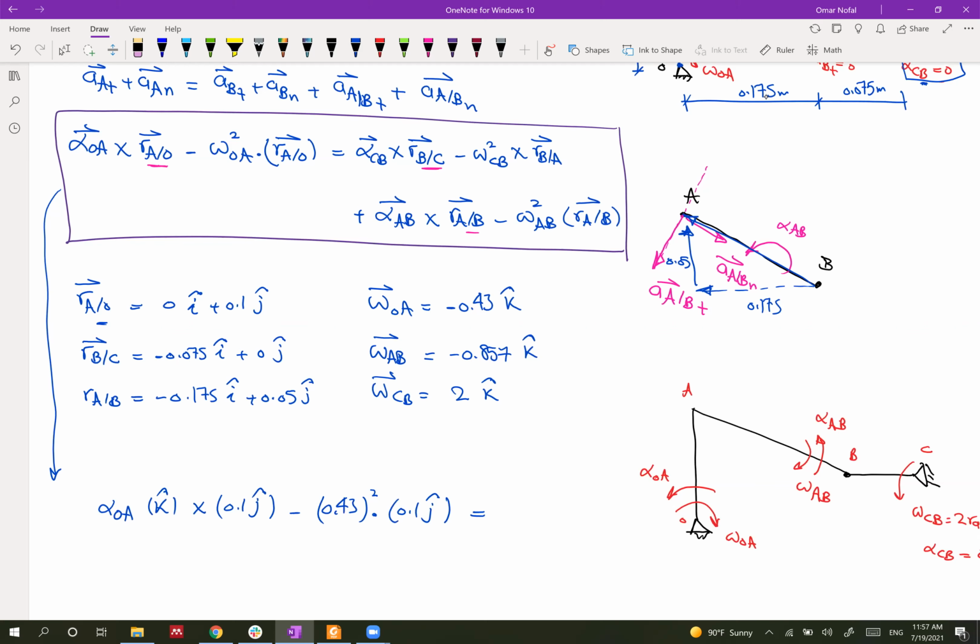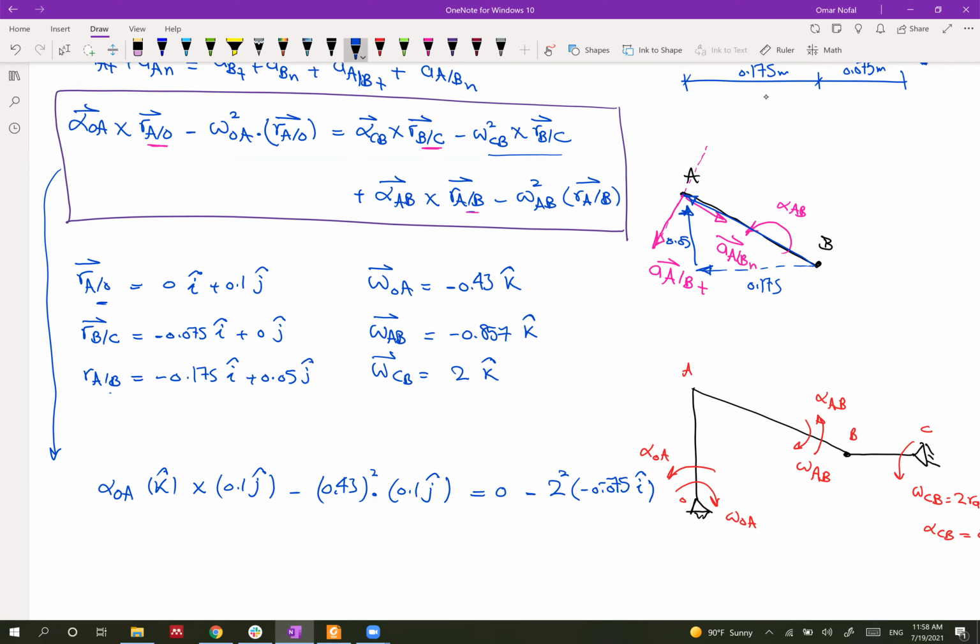And minus omega CB, which is 2 and should be squared, multiplied by RB with respect to C, sorry, and this is negative 0.075 in the I hat direction. So I'm done with this one. Let's move to the next one.